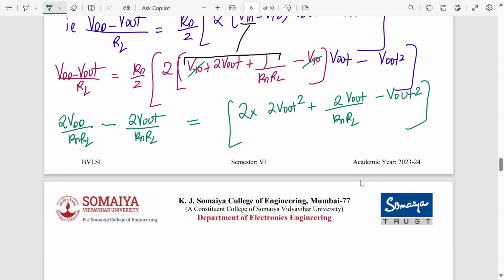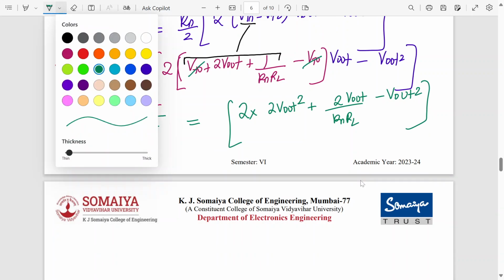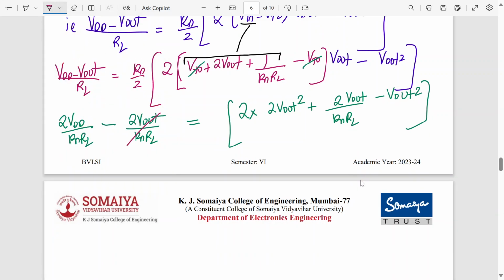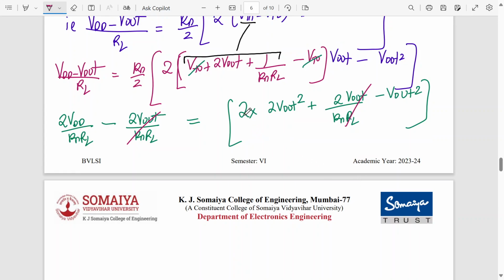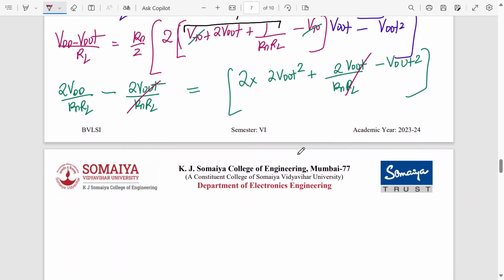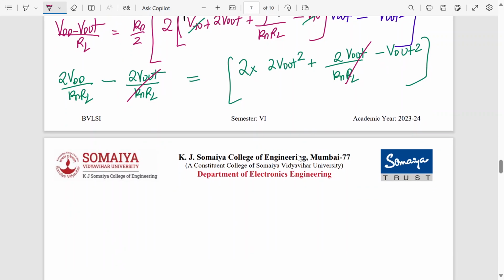So from here we can carefully see that this term and this term get cancelled out very easily. Here we are getting 4 times V out square, and here we are getting minus V out square, so it will be 3 V out square. So finally we get twice VDD upon Kn into RL is equal to 3 V out square.